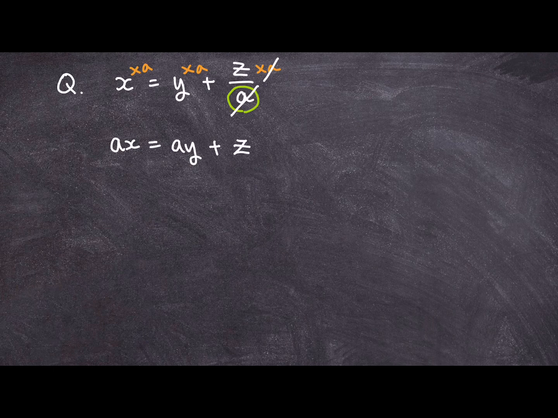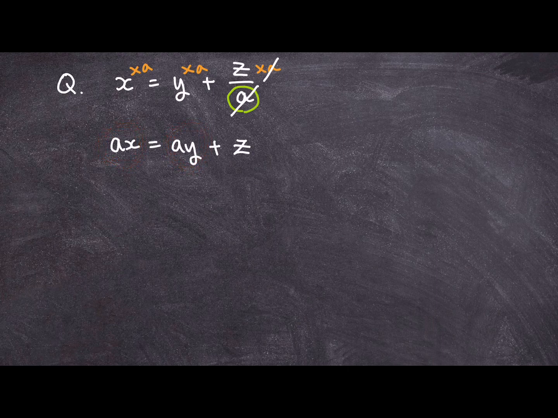Now, remember, we are solving for the variable of a, so at this point, I want to collect all variables that have a in it and put it on one side of the equation and put the rest in the other side of the equation.